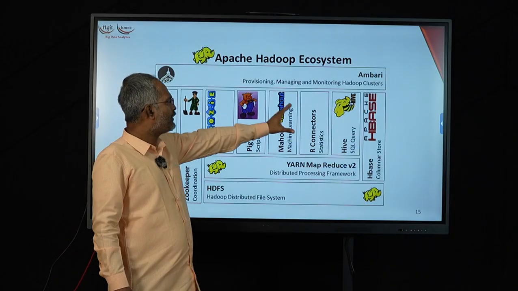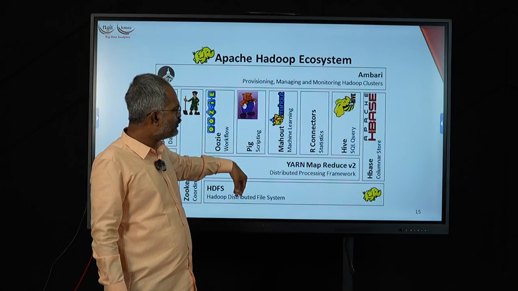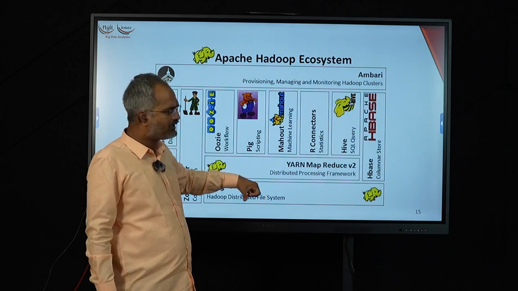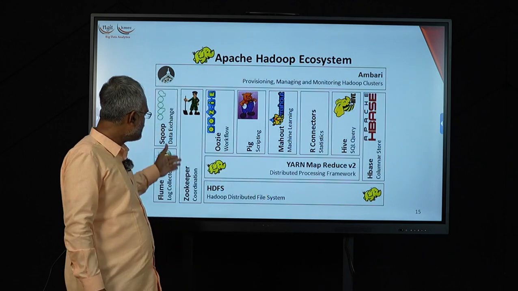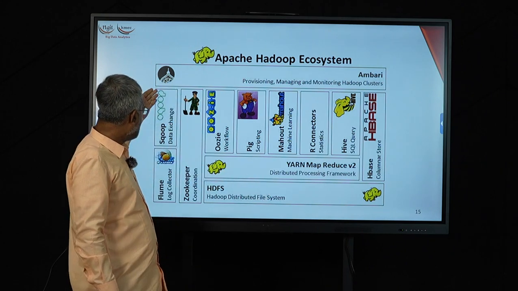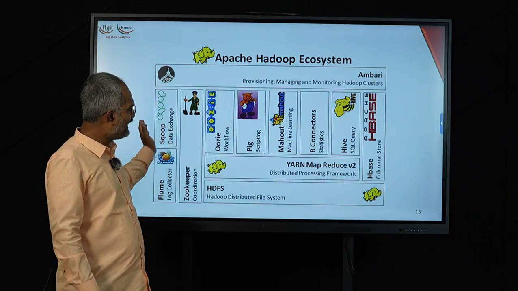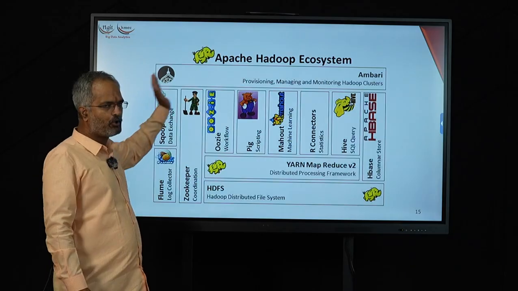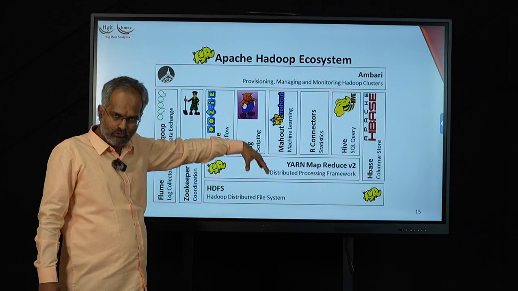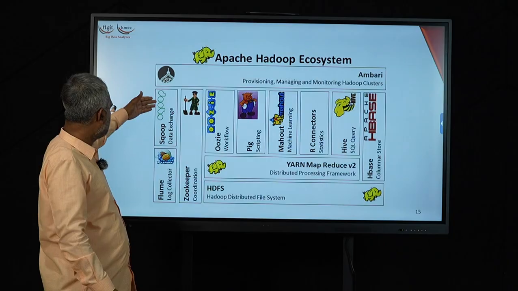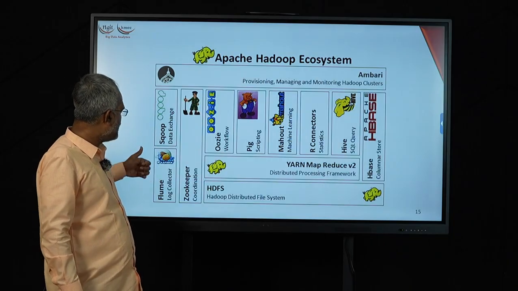Now all these components have to communicate and coordinate with each other. So we have the Zookeeper, and we have some other tools also available for data ingestion, meaning to import the data from outside into the Hadoop environment. They are Sqoop and Flume.